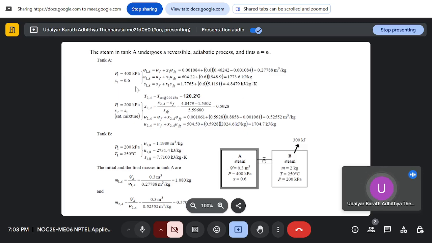Entropy for tank A at state 1 is again Sf plus x into Sfg, so it is 4.8479 kilojoule per kg Kelvin. The initial temperature at this point is the saturation temperature corresponding to 400 kilopascal, which is 120.2 degrees Celsius.